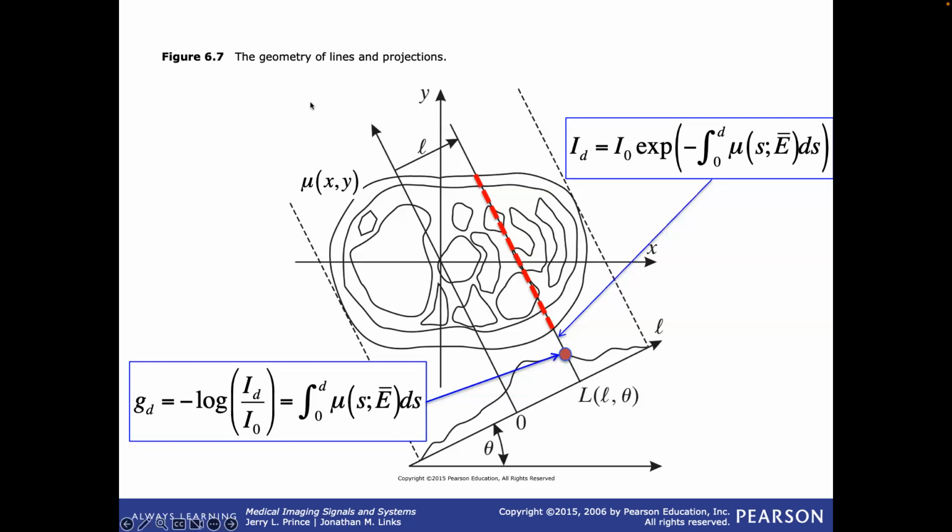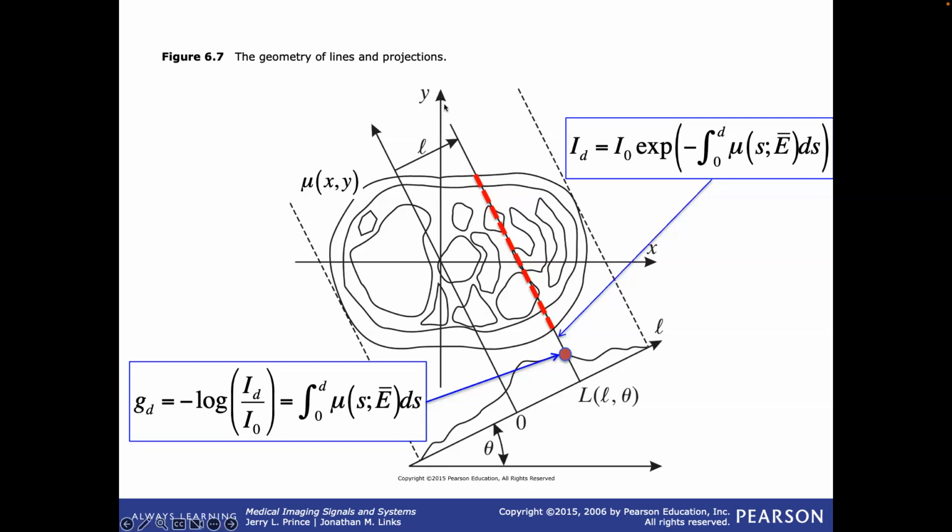Now it's done with a source, and then a fan beam comes out, and you have to resort the X-ray beams such that you get a bunch of beams that are all parallel when you're constructing this data. What the data is, excuse me.